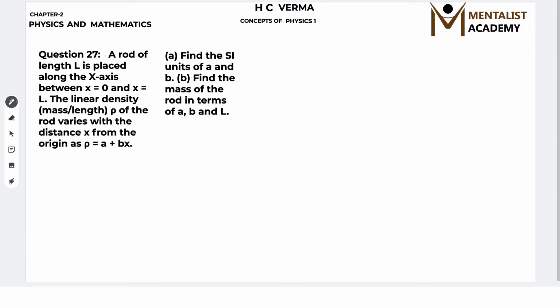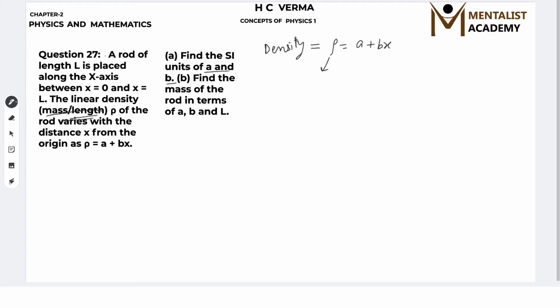In this question, we have been given the density of the rod, rho, which is equal to A plus bx. In the first part, we have to find the units of A and B. Now the unit of density is mass per unit length.